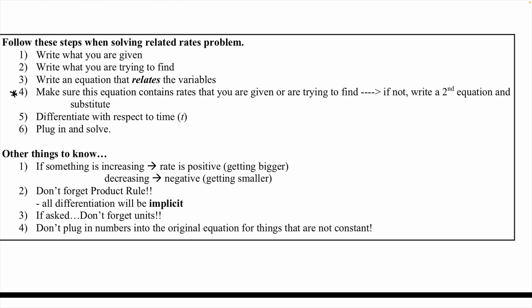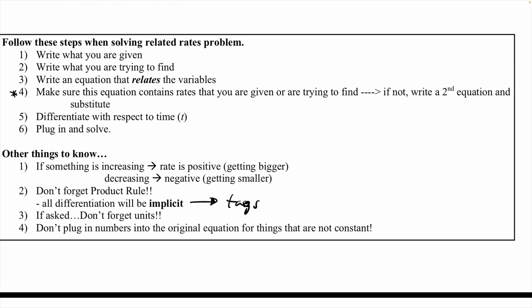Couple things to know. If something is increasing, remember the rate is positive. If something is decreasing, the rate is negative. It's common sense, but sometimes we forget those things. Product rule: sometimes we will have to use the product rule. All differentiation will be implicit. What does that mean? It just means tags.